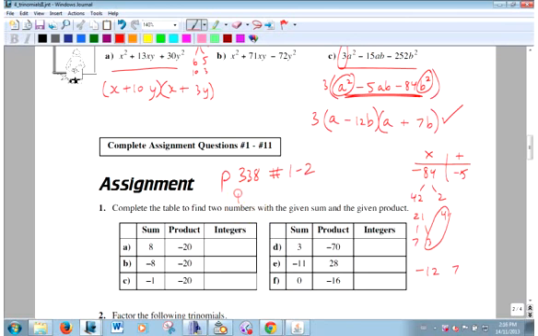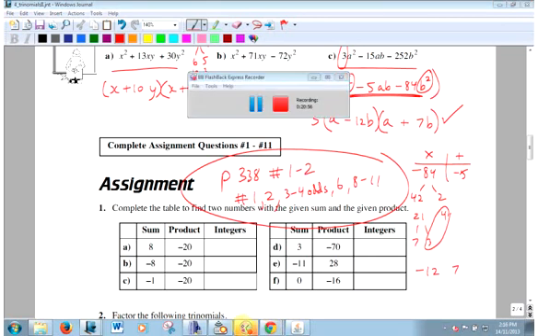Number 1, 2, 3 to 4, just odds. Remember, some of them might not work. Don't be freaking out, okay? 6 and 8 to 11. Let me stop this and I'll answer your question.